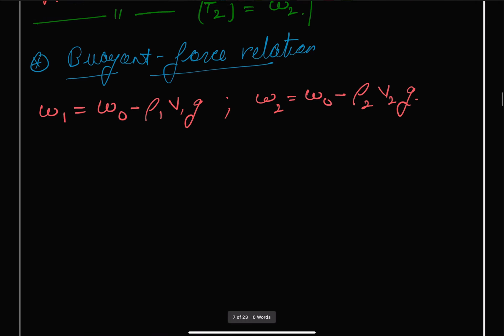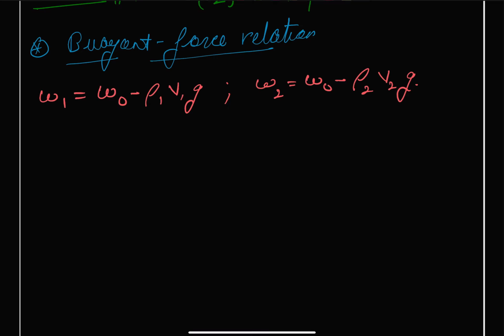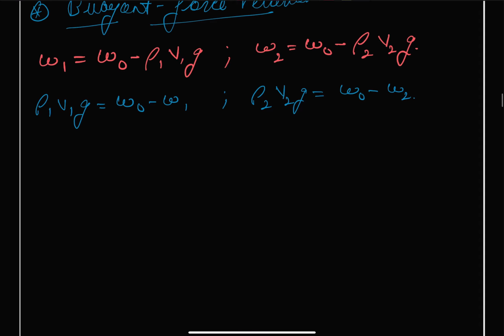So we can write that ρ1 V1 g is equal to W0 minus W1, and here we can write ρ2 V2 g is equal to W0 minus W2. So we take their ratio.